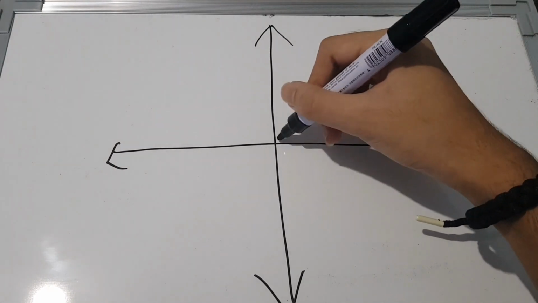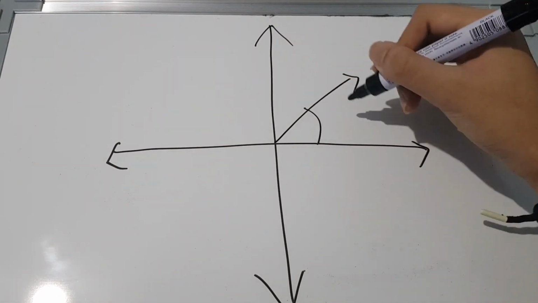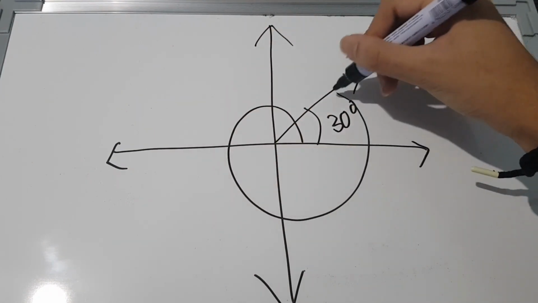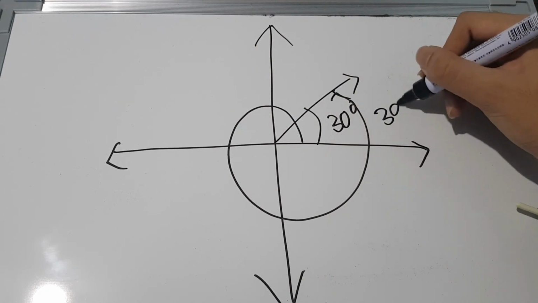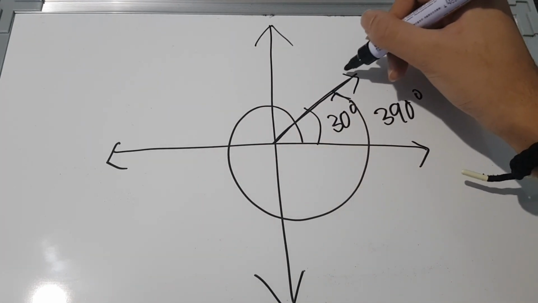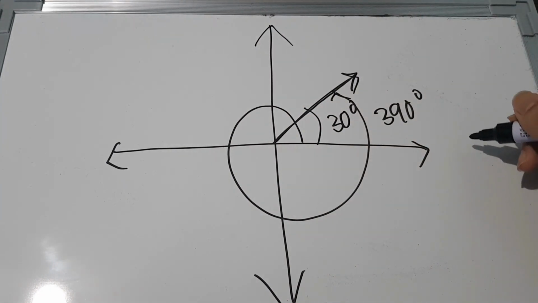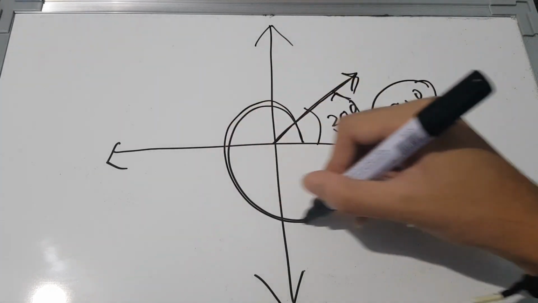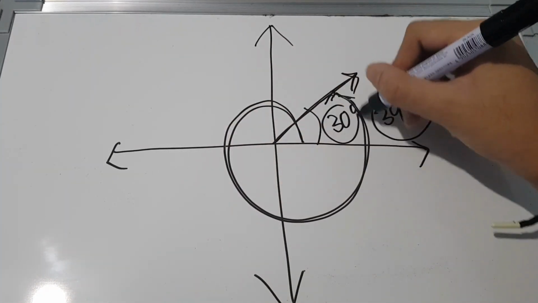In this example, 30 degrees is coterminal with 390 degrees. This is because their terminal side is at the same position. It is just that 390 degrees is one full revolution ahead of 30 degrees.